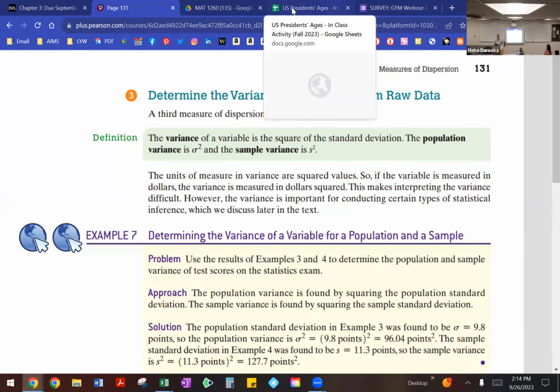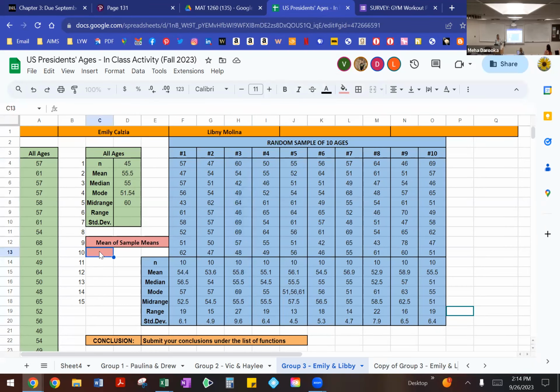So one final calculation you guys need to do is calculate the mean of sample means, which means you are finding the average of all these means here. So what will that average come out to be for each of your samples?